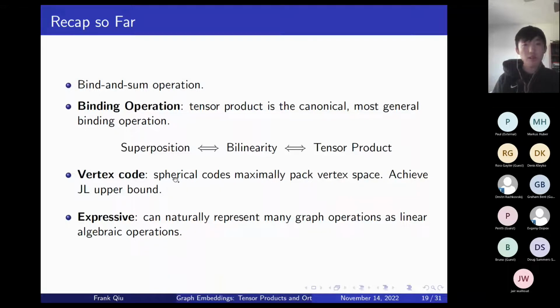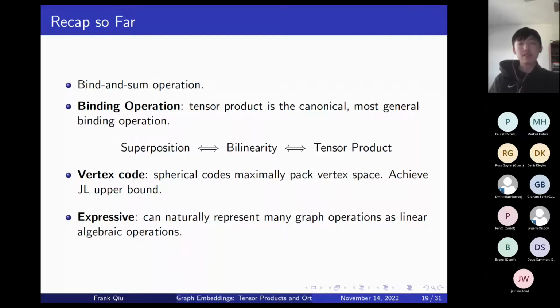For our choice of vertex code, we see that spherical codes maximally pack the vertex space and achieve the Johnson-Lindenstrauss upper bound. And our graph embedding method is very expressive. It can naturally represent many graph operations as linear operations.